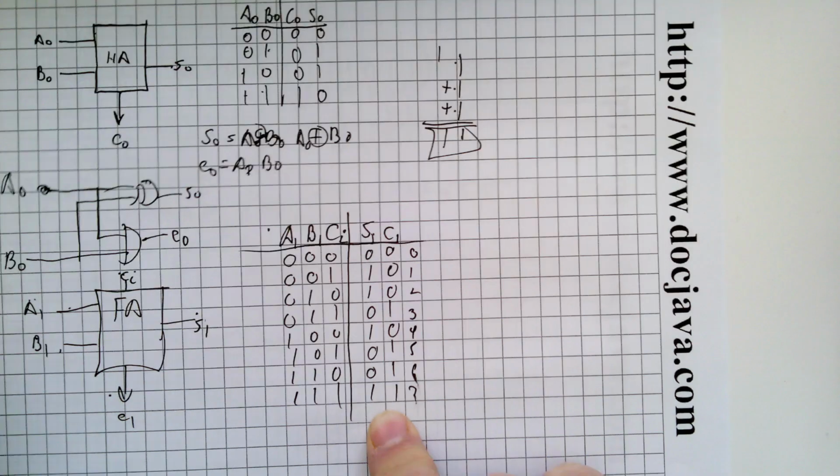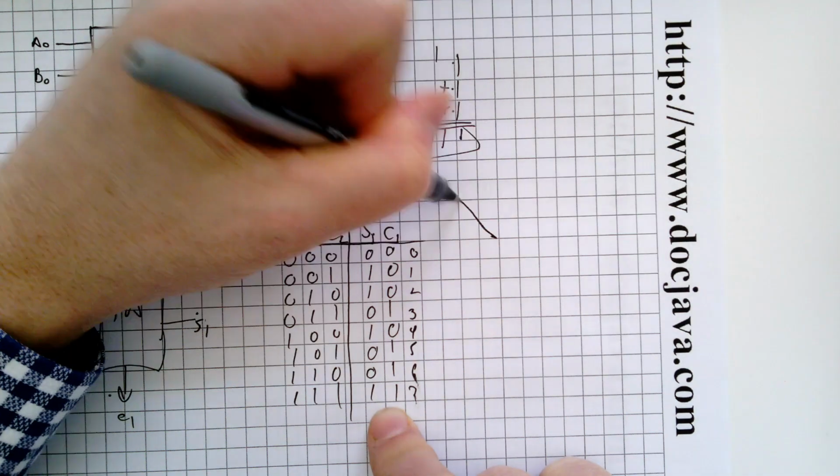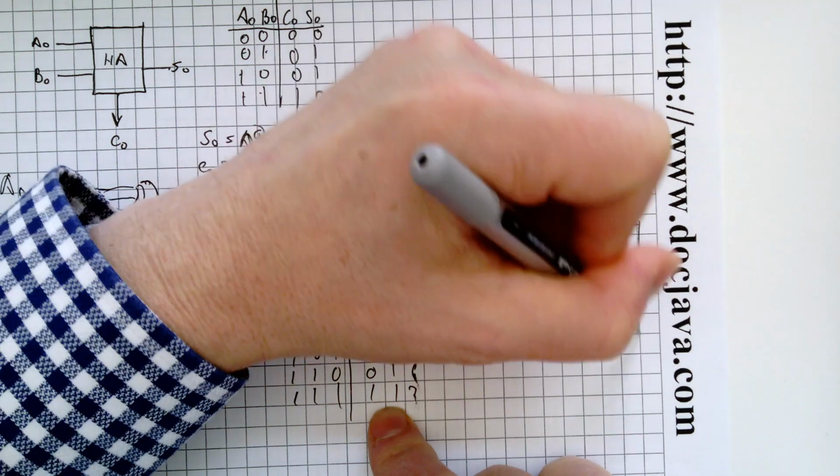And then if you wanted to, you could, in principle, do a K-map.